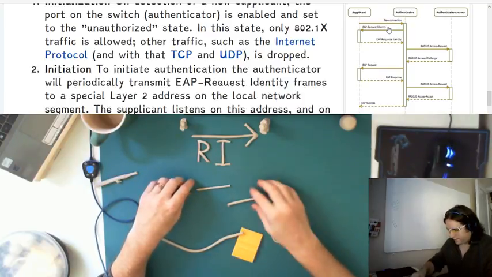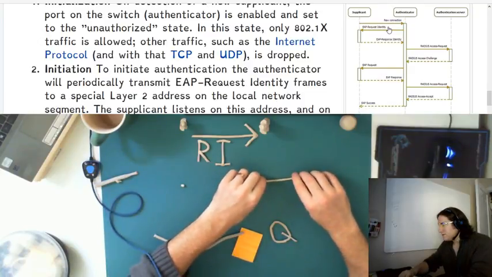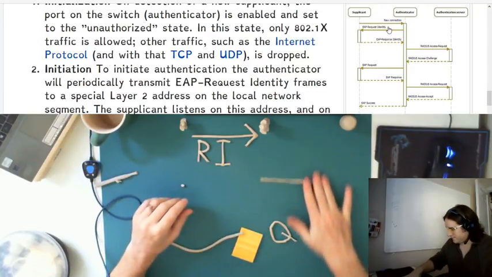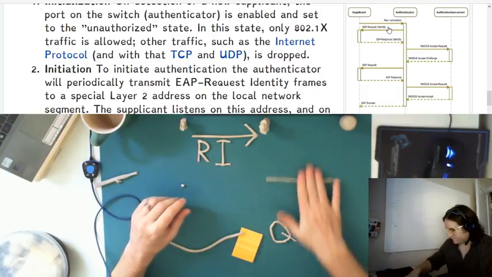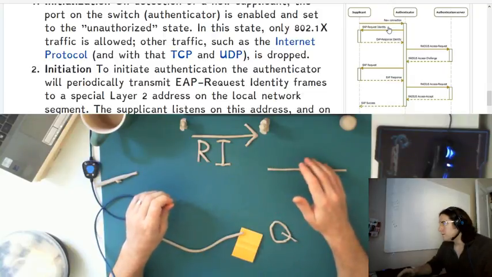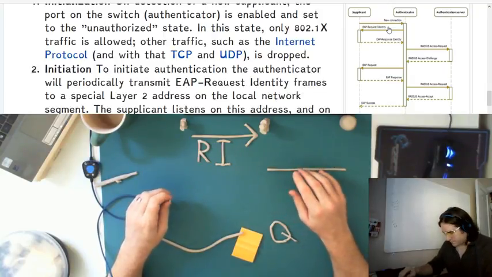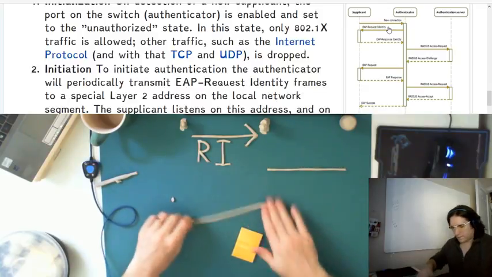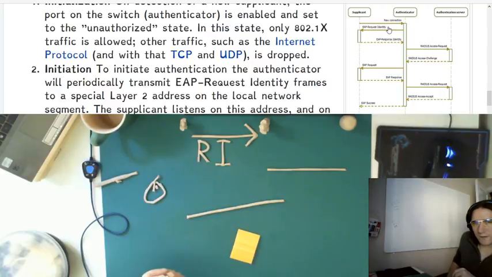Then the authenticator sends an access request. So access request.